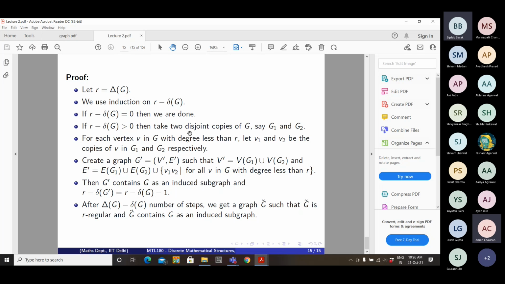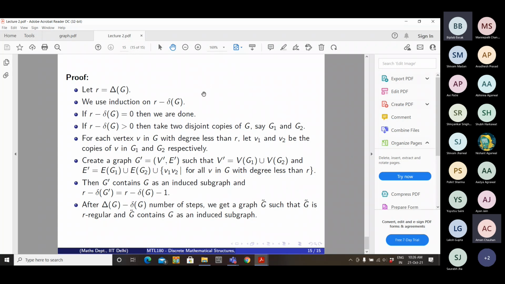First take two copies of G, draw it, and then put some edges like given in this proof. So the disjoint here does not have any significance in that sense; you are just taking copies. Disjoint means you take G1 and G2, and there are no edges between G1 and G2, and no common vertex between them.